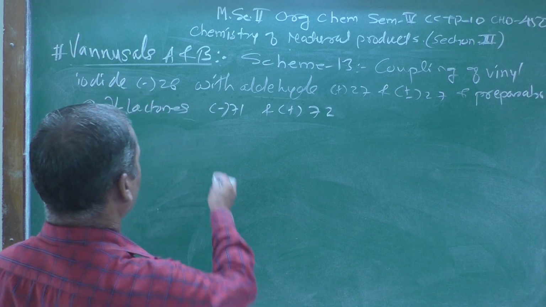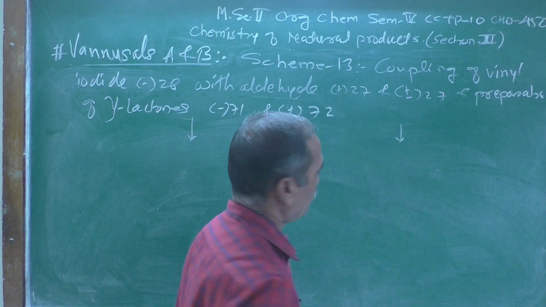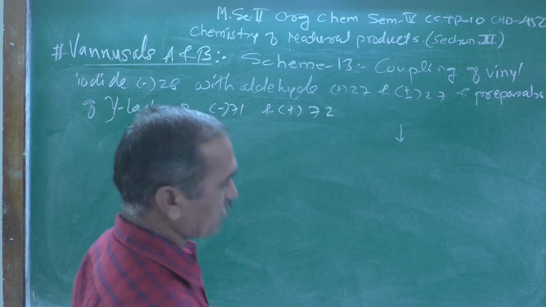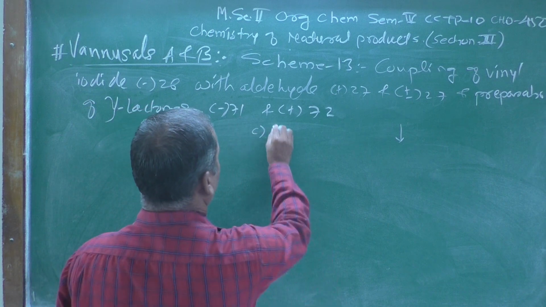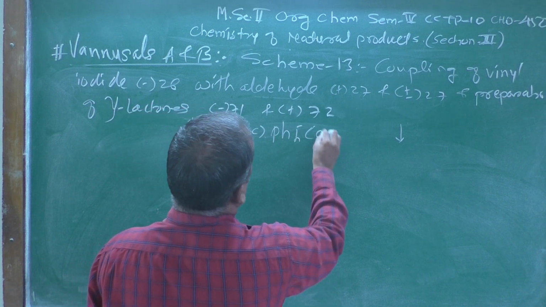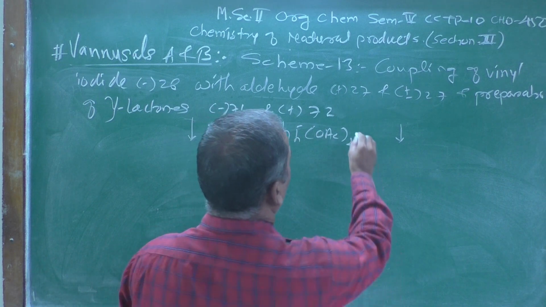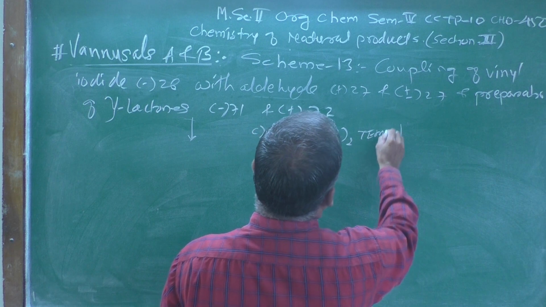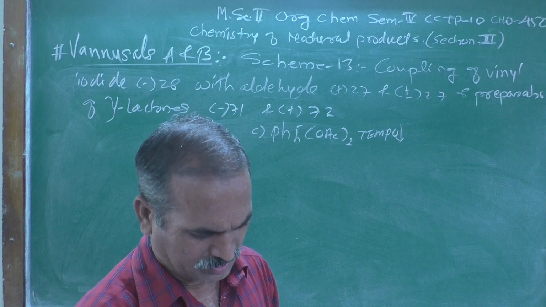Now here I am showing an arrow, here also showing an arrow, and adding C reagent, and the reagent is PhI(OAc)2 twice, TEMPO, that is a structure.